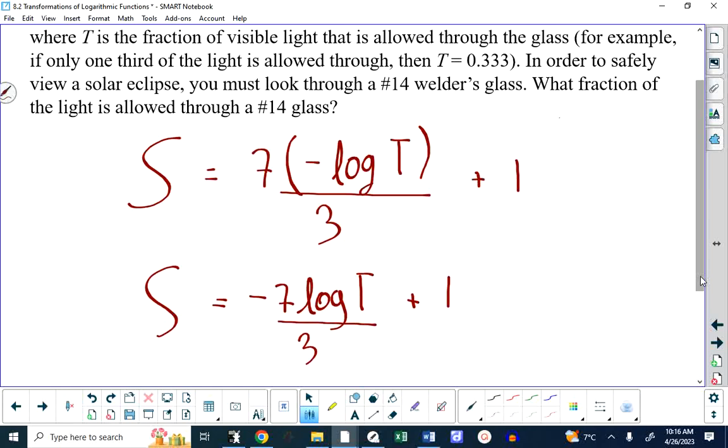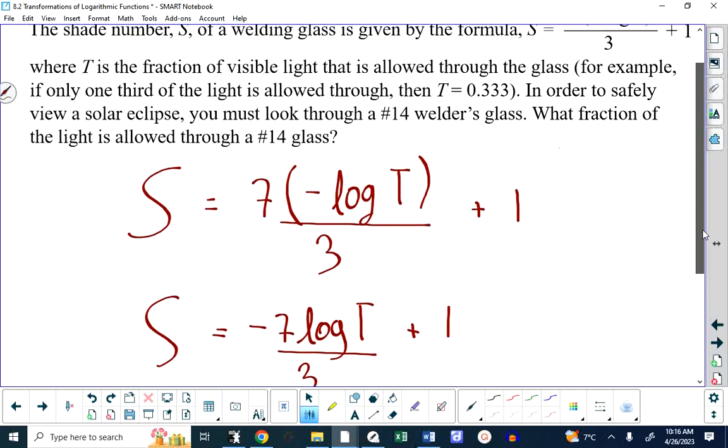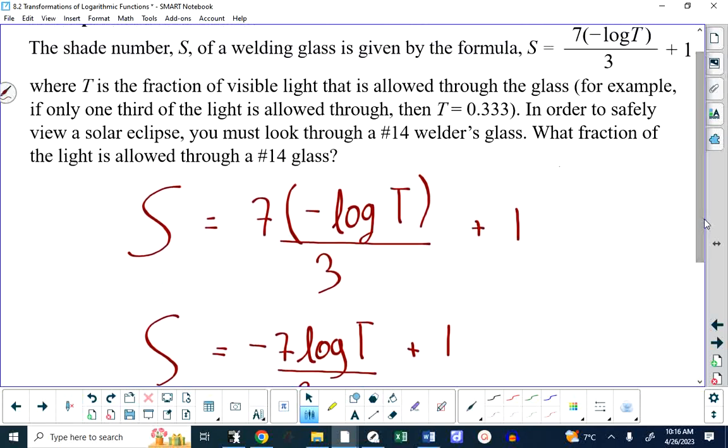What is this about? Most welding helmets have electronic shields now. They work on the principle of polarization, but some welders still use what's called a welder's glass. They typically use a number 14 welder's glass. And if you want to look at an eclipse, you could look through a number 14 welder's glass, and it blocks out so much of the damaging light.